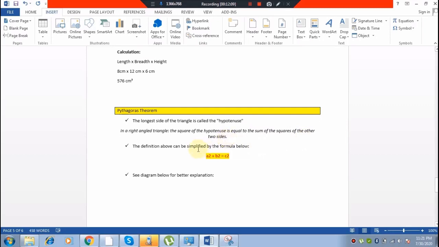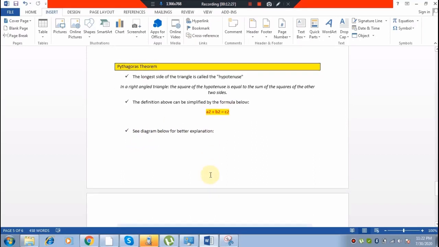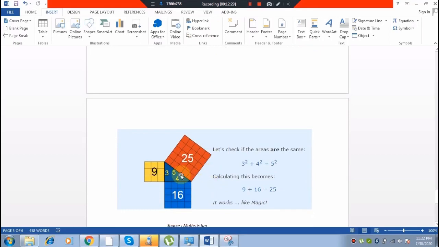So what does the definition imply? We look at what exactly they are trying to say according to the definition. They are saying that side A squared plus side B squared is equal to C squared. We look at the diagram below to give us a clear explanation. Here the blue line is your little triangle.